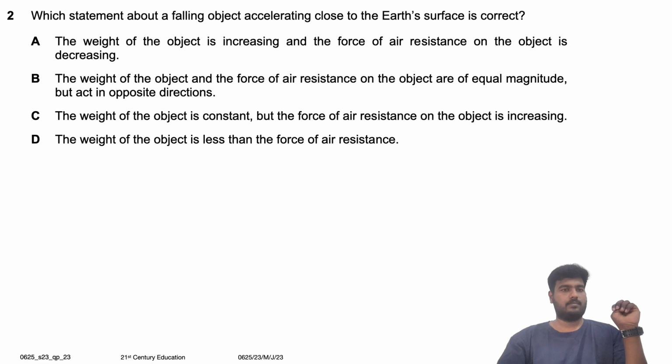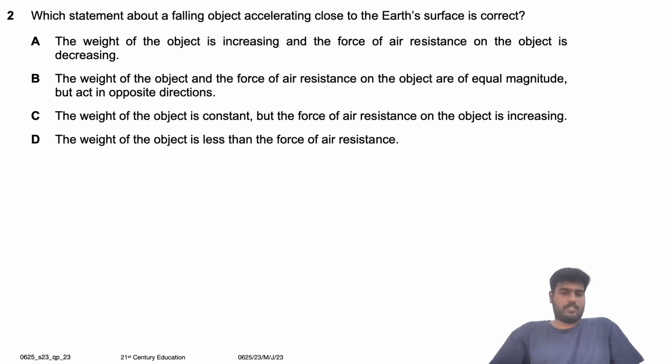Next, which statement about a falling object accelerating close to the Earth's surface is correct? Okay, so all the options are discussing air resistance and weight. First things first, weight is constant. W equal to mg.